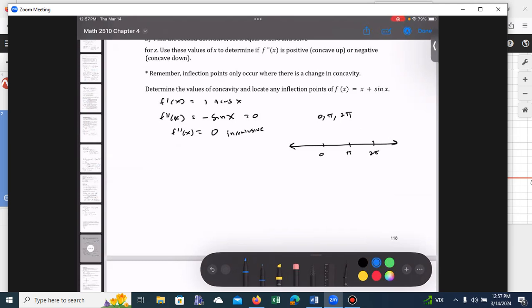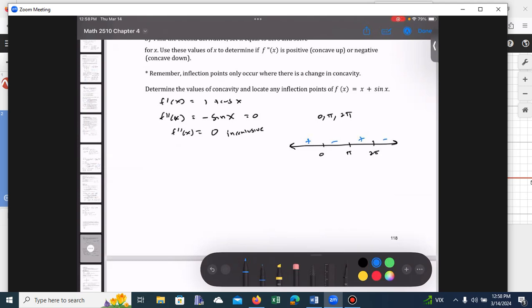So if we look at, let's say, negative pi over 2, sine of negative pi over 2 is negative 1, so that's going to be a positive 1. If we look at pi over 2, sine of pi over 2 is 1, so that'd be negative. Look at 3 pi over 2, sine of 3 pi over 2 is negative 1, so that'd be positive. And then 5 pi over 2, that's back to pi over 2, so that would be negative as well.